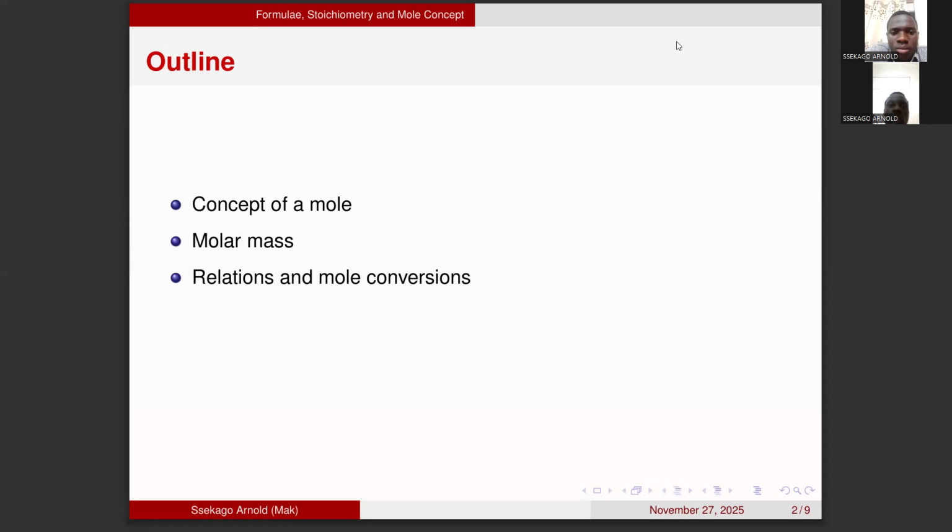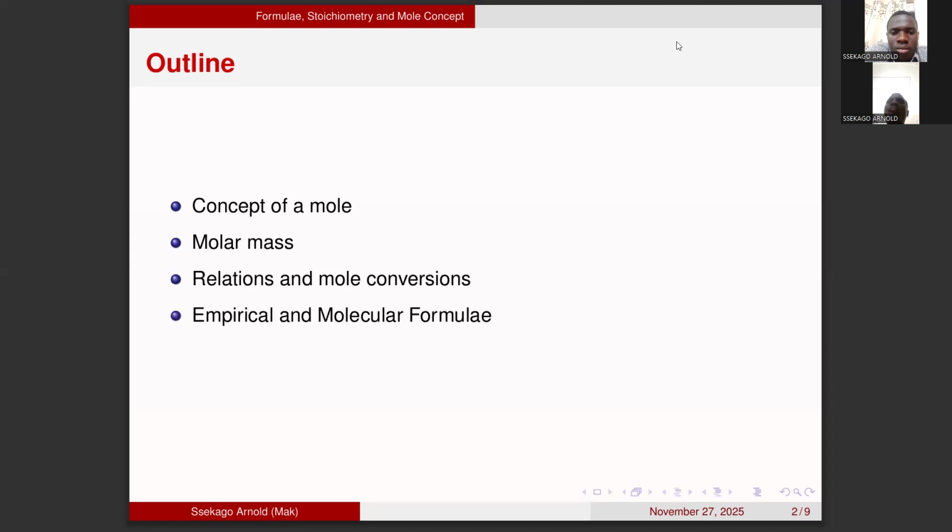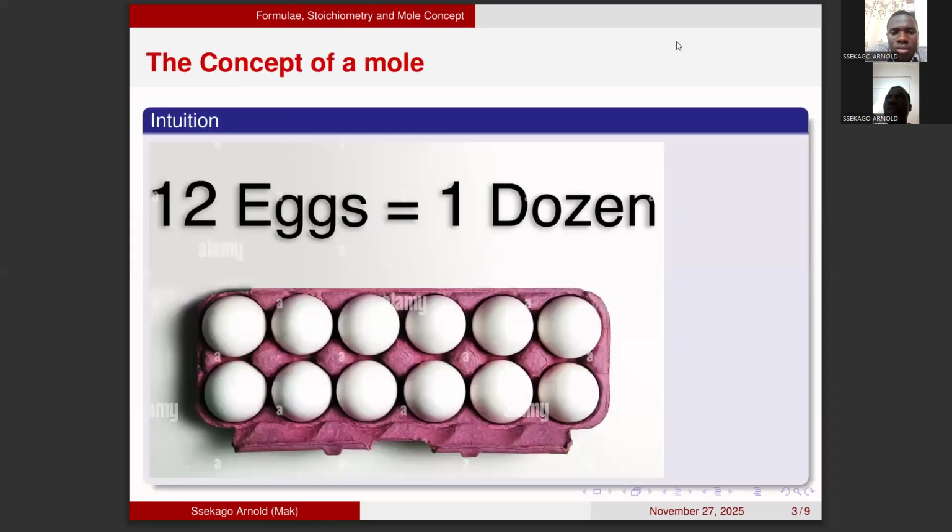All those related conversions shall be discussed. Then we shall also look at empirical and molecular formulae. Then stoichiometry, where we relate quantities of products and reactants in a well-balanced chemical equation.